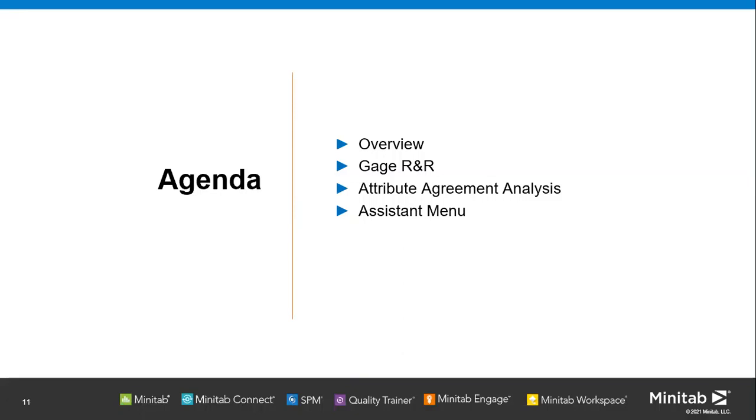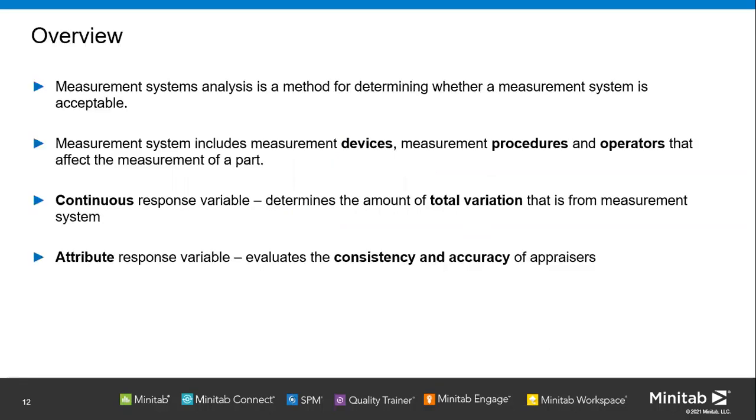So let's start with the simple concept first, before I go to Minitab itself. Measurement system analysis is a method to determine whether a measurement system is acceptable. The measurement system includes the measurement device, the measurement procedure, and the operator that affect the measurement of a part.